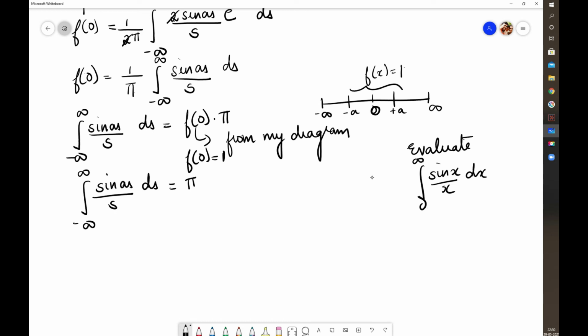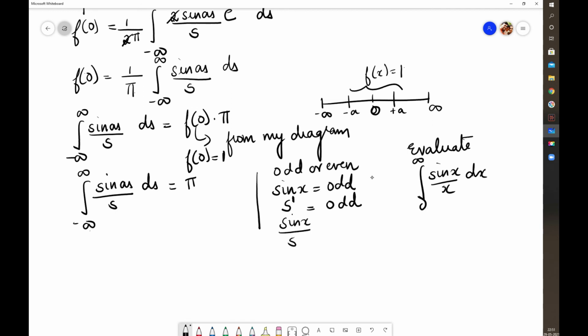So now when the limit is minus infinity to infinity, I can check whether my function is odd or even. We clearly know that the sine function is an odd function. In the denominator I have s, so s to the power 1, which is also an odd function. If it is s square, it is even. If it is s cube, it is odd. So sine as by s, which is odd by odd, minus by minus becomes plus.